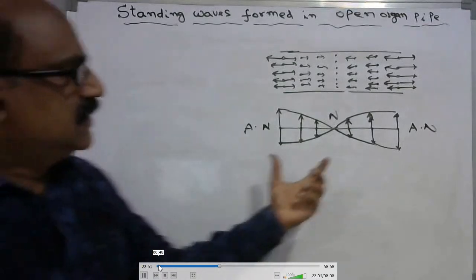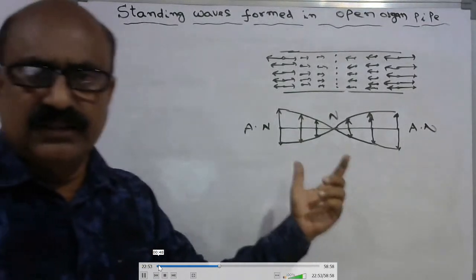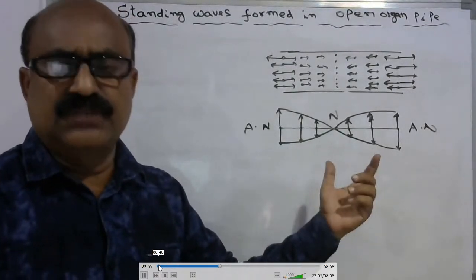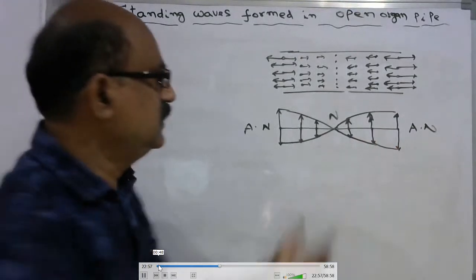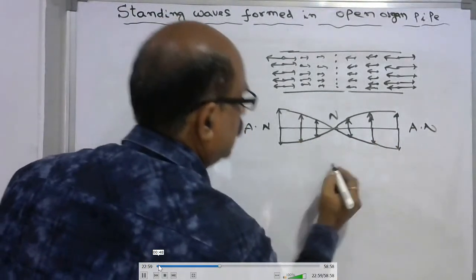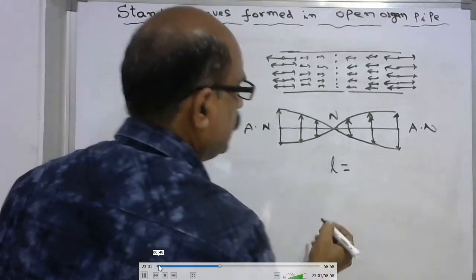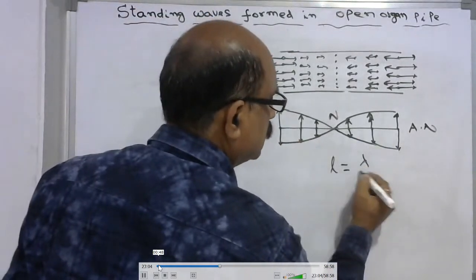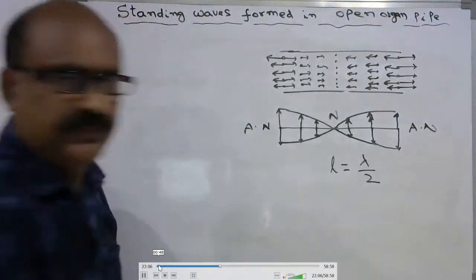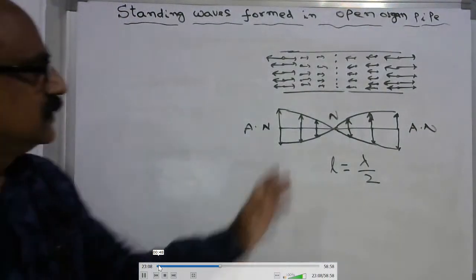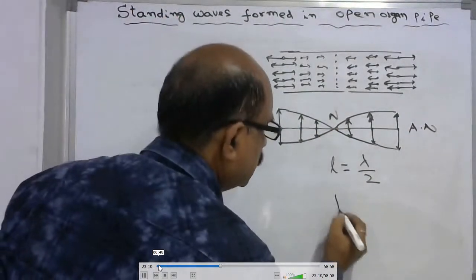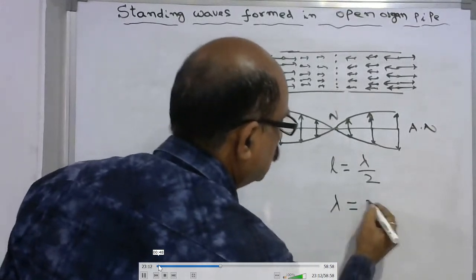So this is the minimum wavelength with which it forms the fundamental mode. That is why the length of the air column is equal to lambda by 2, and this way we can write lambda is equal to 2L.